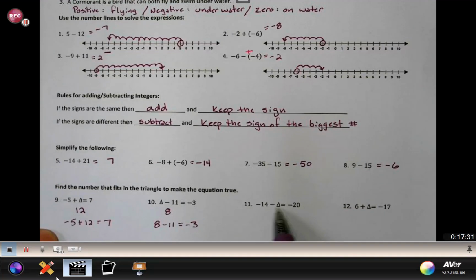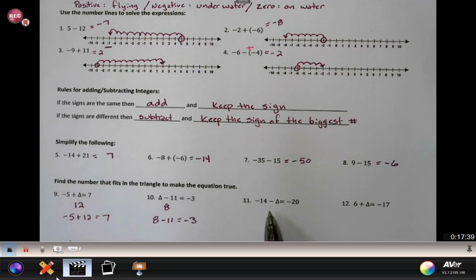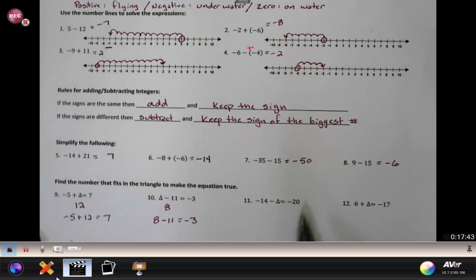Negative 14 minus the triangle is negative 20. So I'm starting with negative 14. I'm going to subtract the triangle, and then I'm going to get negative 20. So I need to get a bigger negative number.